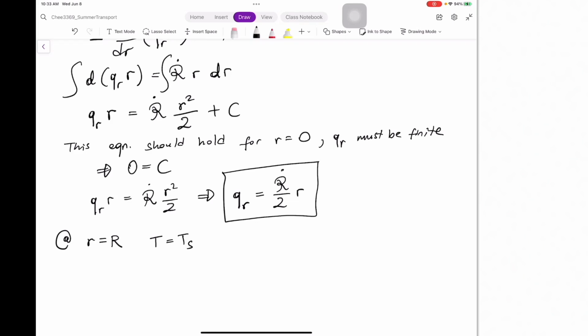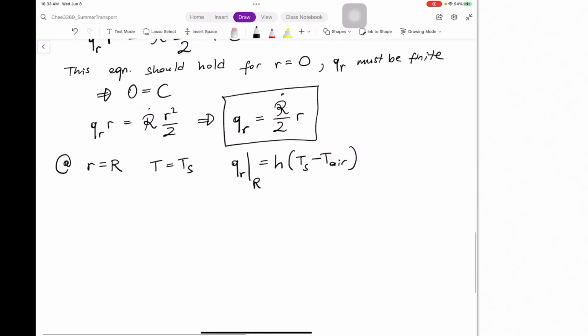And at that point, from Newton's law of cooling, you can write QR at capital R is equal to H times T surface minus T air, right? And then you can plug in the capital R and QR, and you find that fancy R dot over 2 capital R is equal to H Ts minus T air.